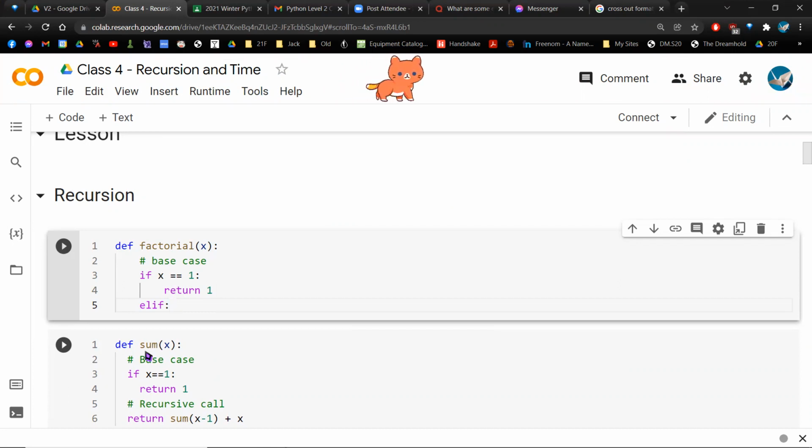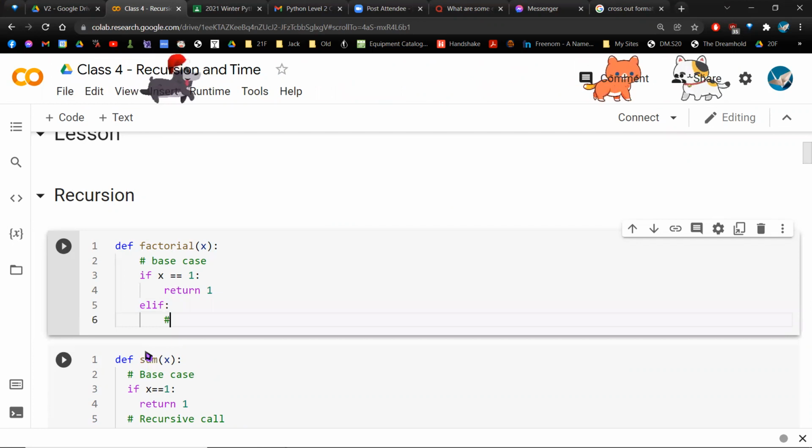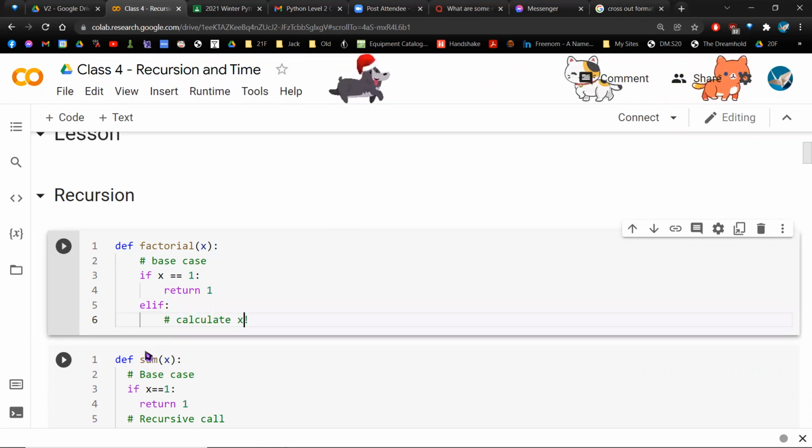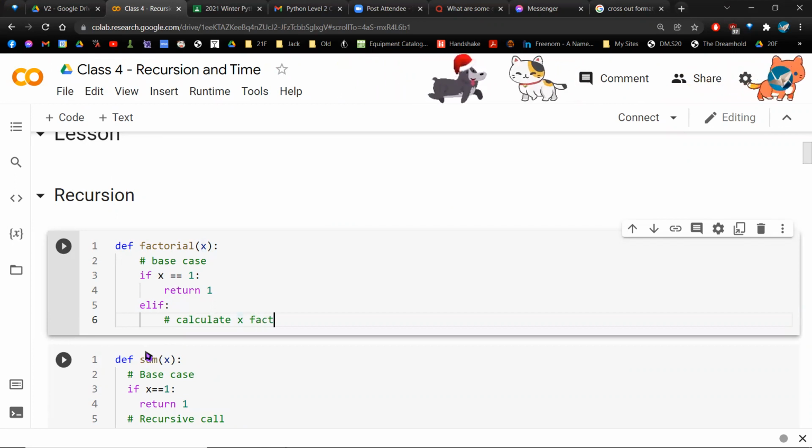We kind of came up with a formula for calculating x factorial. Now we want to use it here. So elif, we want to calculate x factorial. And remember, x is just like a random number.